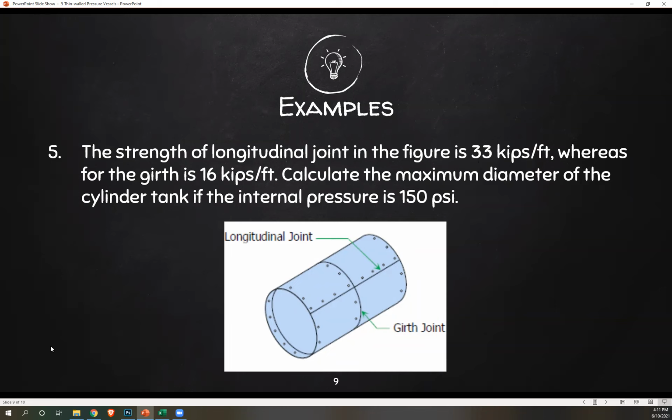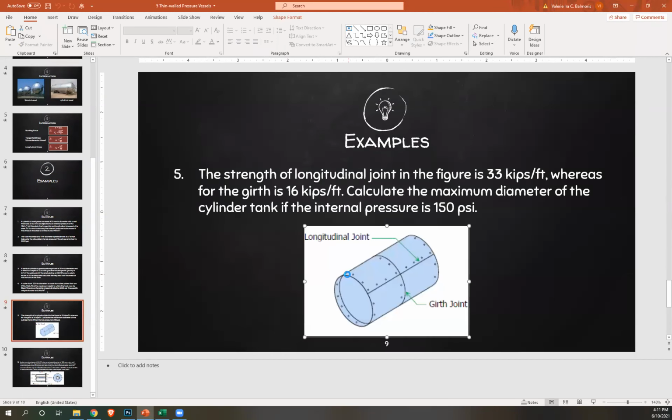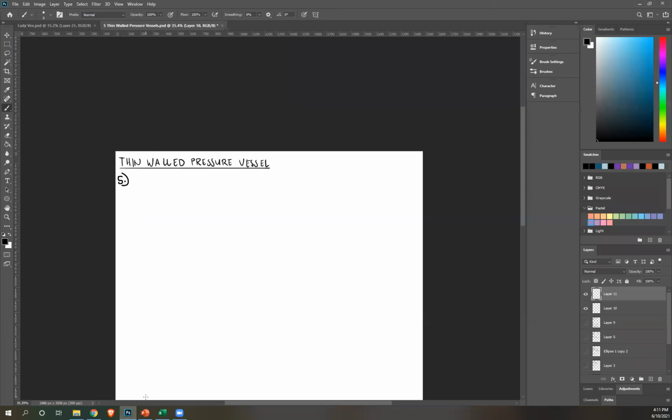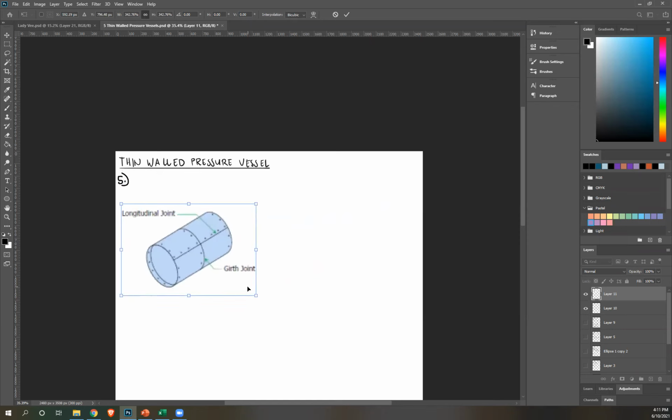So there's an easy way to solve for this if you understand the difference between longitudinal stress and circumferential stress. Okay. Let me just copy that image because I don't want to draw anymore. That's the drawing.